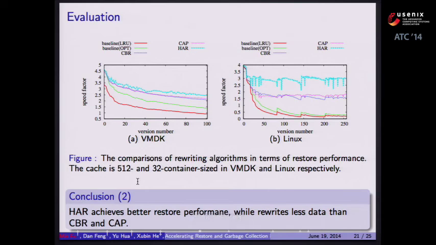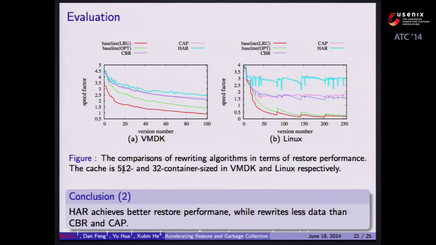This figure compares the restore performance. As shown in the figure, the restore performance of the baseline decreases over time. Using the optimal cache can improve the restore performance by a factor of 2. However, its performance remains very poor.